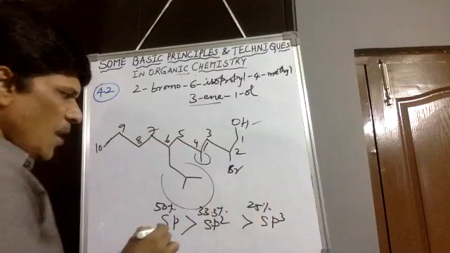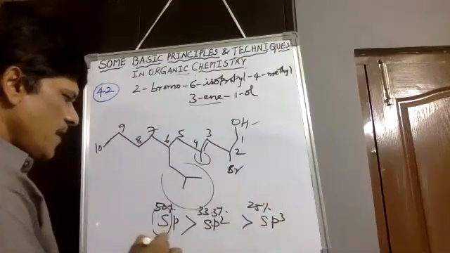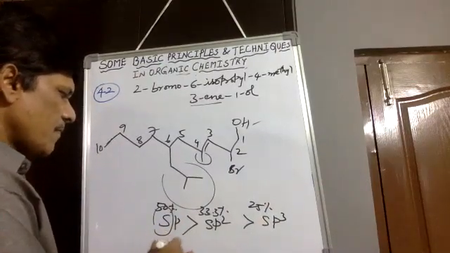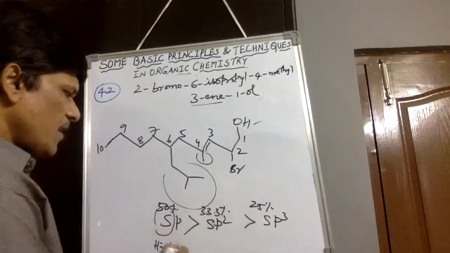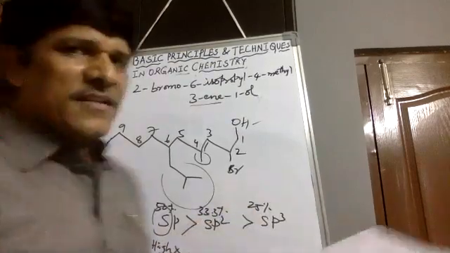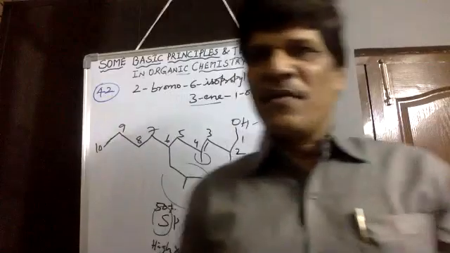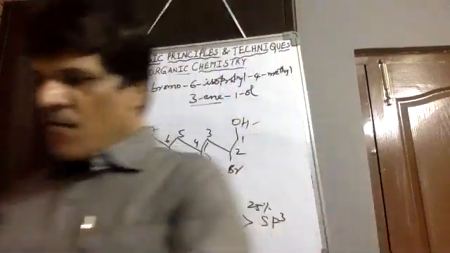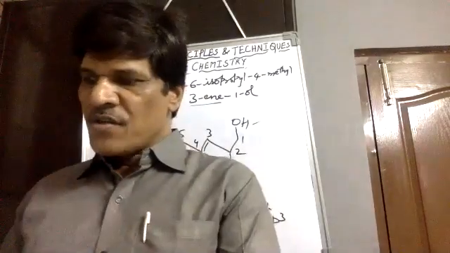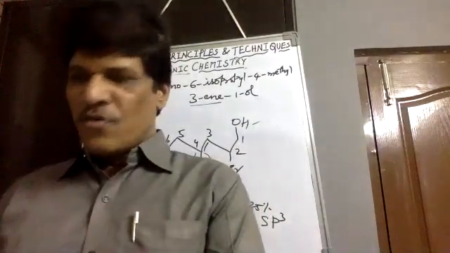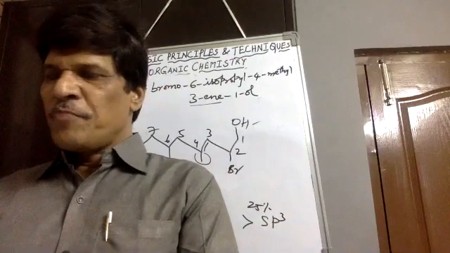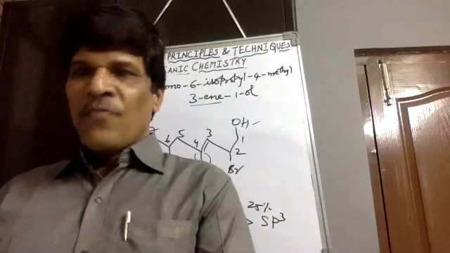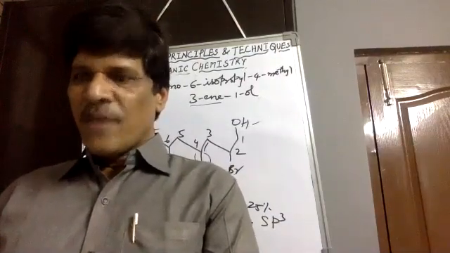More S character shows higher electronegativity, and with the decreasing of S character, electronegativity decreases. Therefore, among those, we take 43. A answer is correct. More S character shows more electronegativity. Therefore, sp greater than sp2 greater than sp3 we have to take for the electronegativity of carbons.